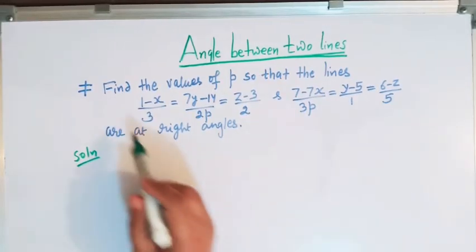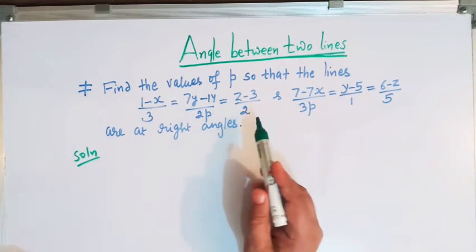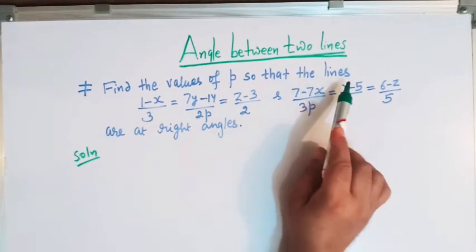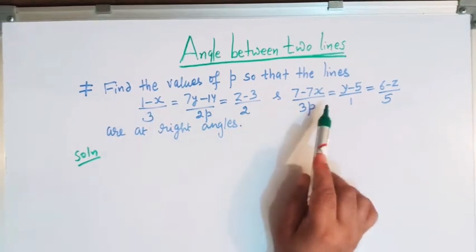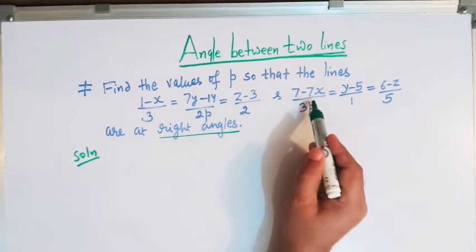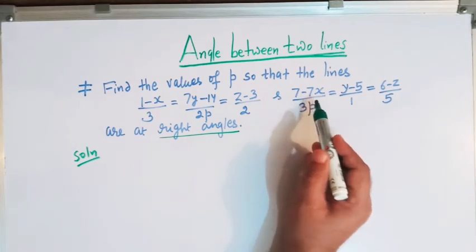Now viewers, let us take this problem. Here we have to find the values of p so that these two lines are at right angles. It means these two lines are perpendicular.